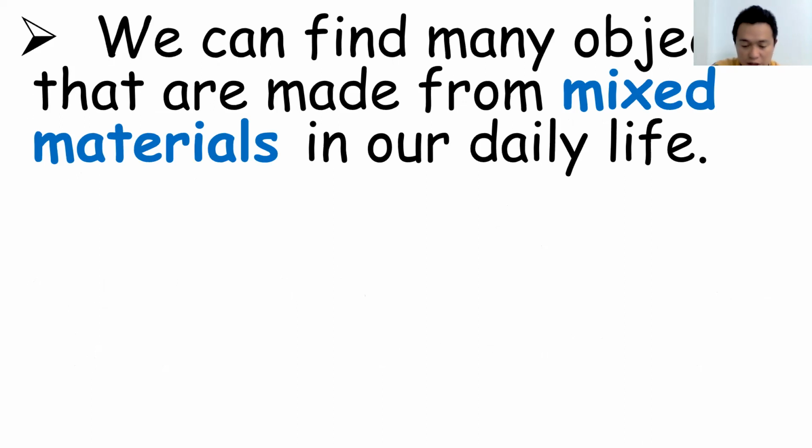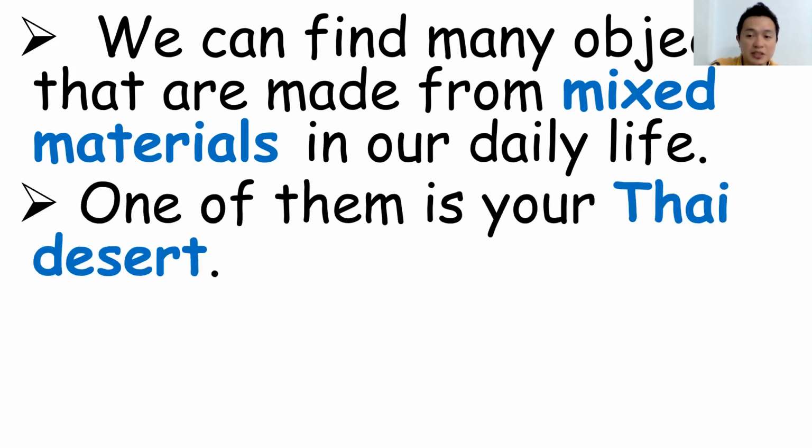If you look around, you can find many different kinds of food that are made from mixing ingredients or materials. One of them is your Thai dessert. In Thailand, it is very well known when it comes to desserts.